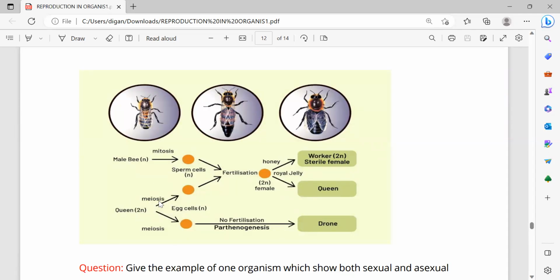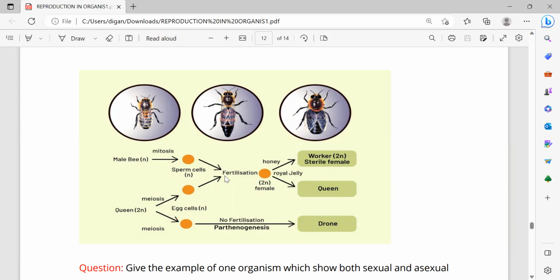The queen bee has twice the number of chromosomes, and the workers are female, they also have twice the number of chromosomes. Workers and queen bee are female and have a diploid number of chromosomes, and males have a single n number of chromosomes, meaning haploid. In the queen, gametes are formed by reduction division, and when she becomes sexually mature, she meets one male bee and fertilization takes place.